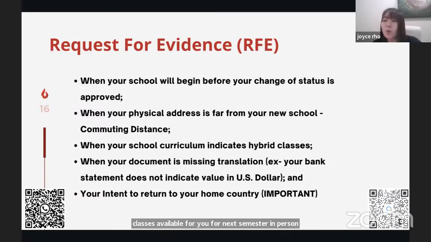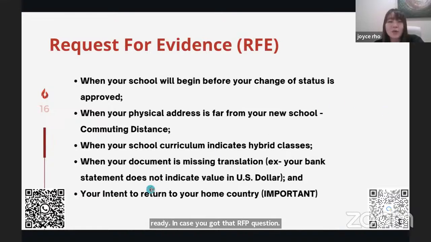And then I hope that you can prepare a statement saying that attending school in person would be more beneficial for me because I can establish more interaction with the professor and classmates. I prefer those methods. So you have to show your intent that you are going to attend classes physically on campus. That is quite an important factor nowadays. I want you to be ready in case you get that RFE question.